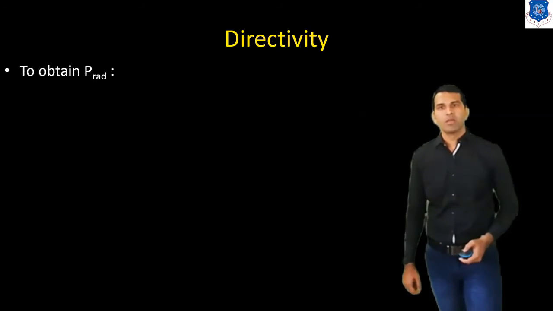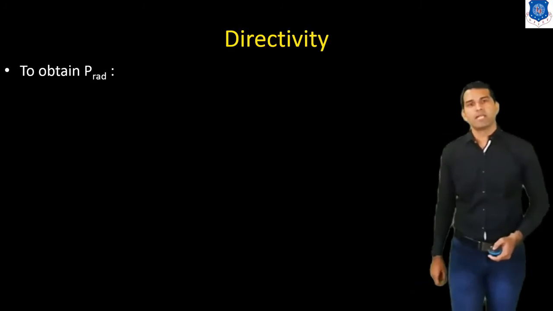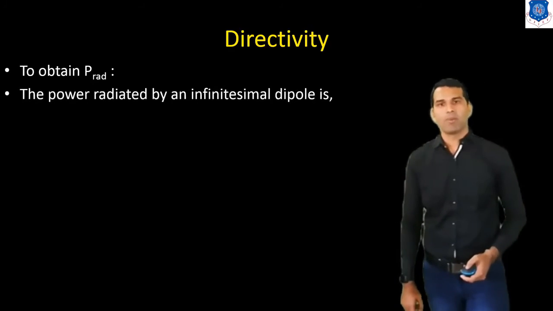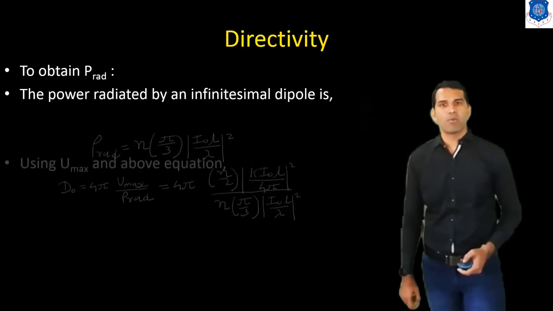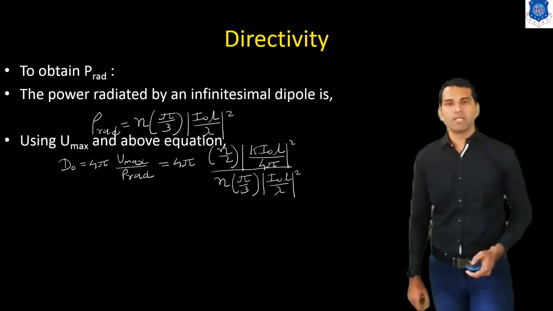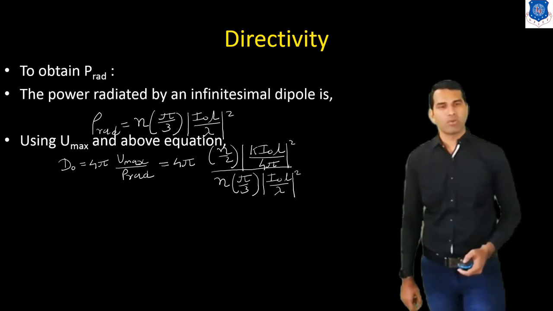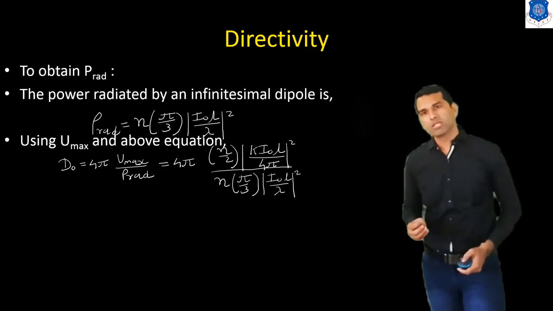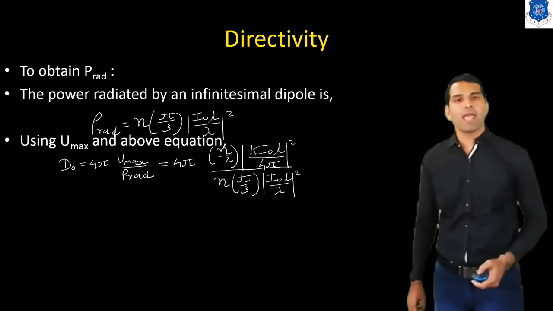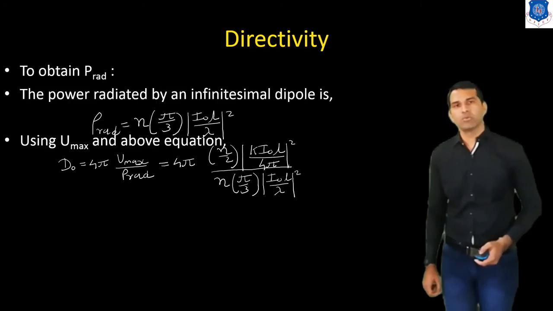Similarly we have to find the radiated power. The power radiated by the infinitesimal dipole is P radiate is equal to eta pi by 3 (I0 L upon lambda) square. So we have the equations for the power radiated and the maximum intensity U maximum.